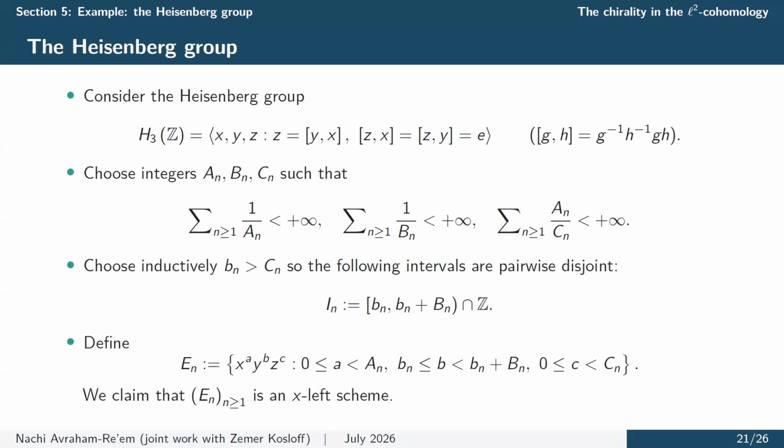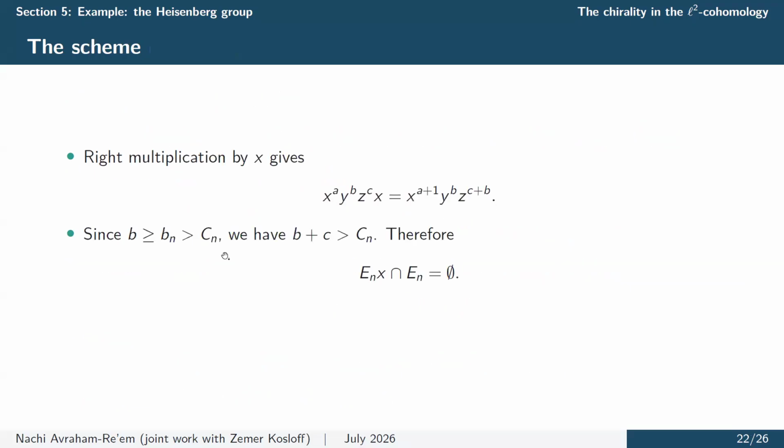And I claim that this is a so-called x left scheme, where x is indeed an element with infinite conjugacy class in the Heisenberg group. Let's see why this type of box behaves differently from right and left. A general element is given by x to the power of a, y to the power of b, z to the power of c, and I multiply it from the right.